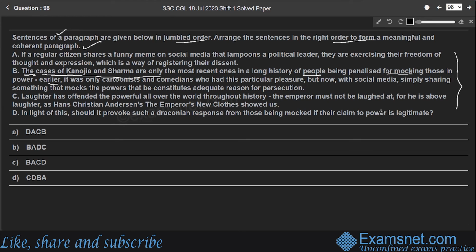It was only cartoonists and comedians who had this particular pleasure, but now with social media, simply sharing something that mocks the powers that be constitutes adequate reason for persecution. So sentence B comes first, as it gives the introduction.